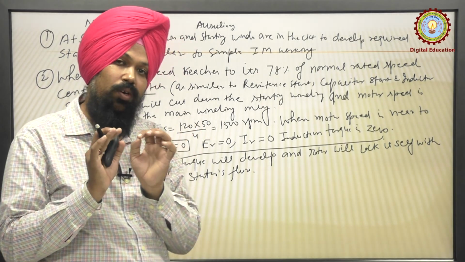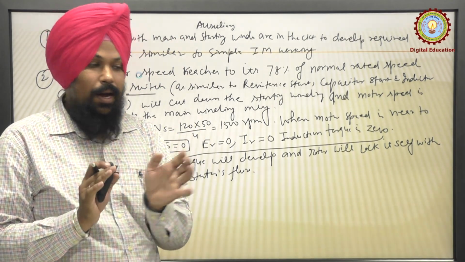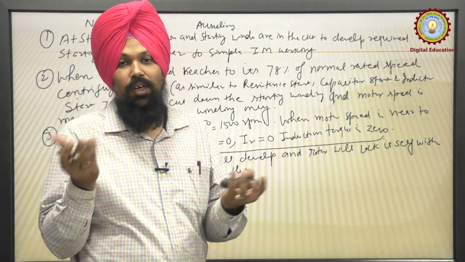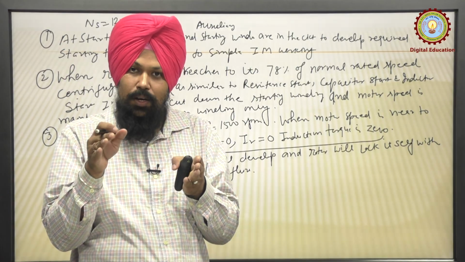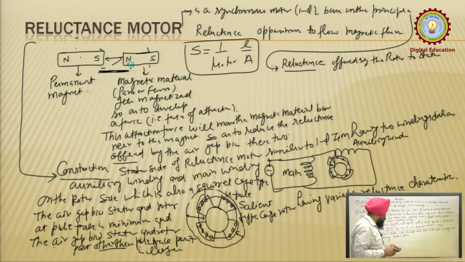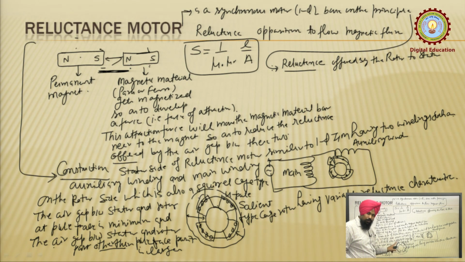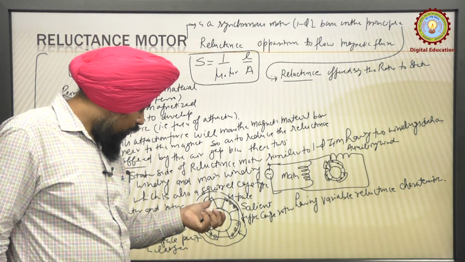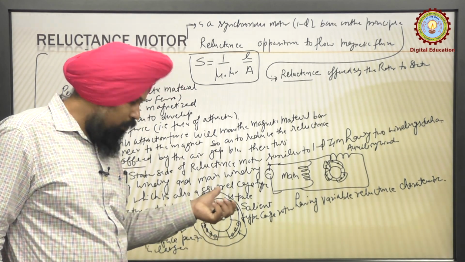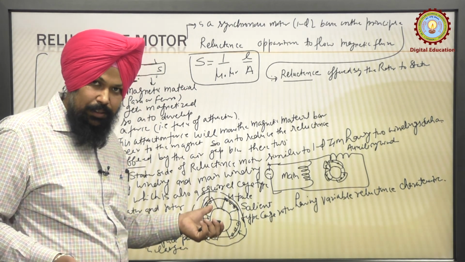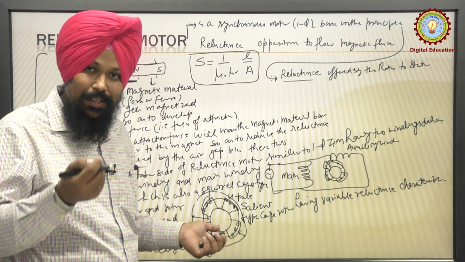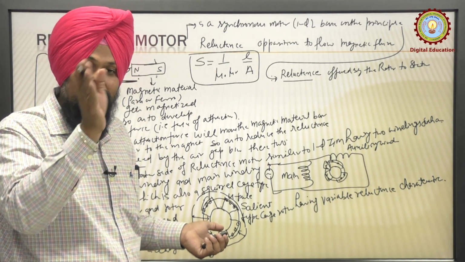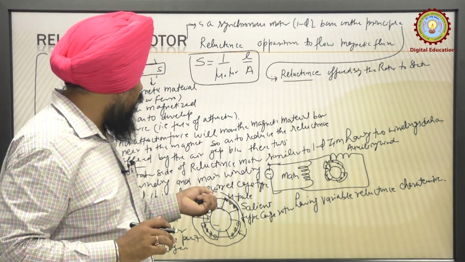Suppose the rotor iron is running near the synchronous speed, and due to this salient pole construction or variable reluctance, these 4 poles are attracted in such a way so as to align them at minimum reluctance path with respect to the stator's synchronously moving flux.